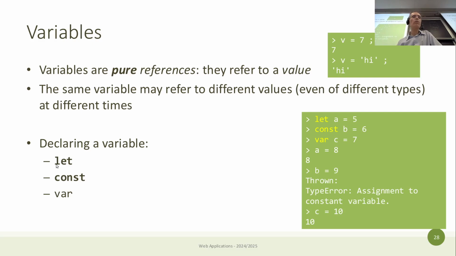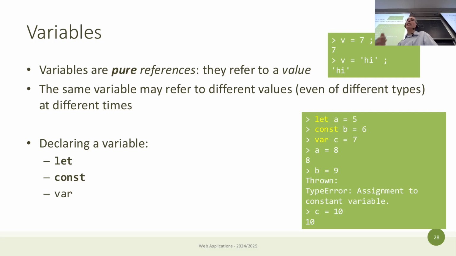So when we want to declare a variable for which we would like to change the value later, we use let. Okay, as we saw before, let a equal to 5. Okay, let b equal to 10, whatever. If you don't expect that the value will change, you use const, which is a sort of let where you cannot reassign the value.